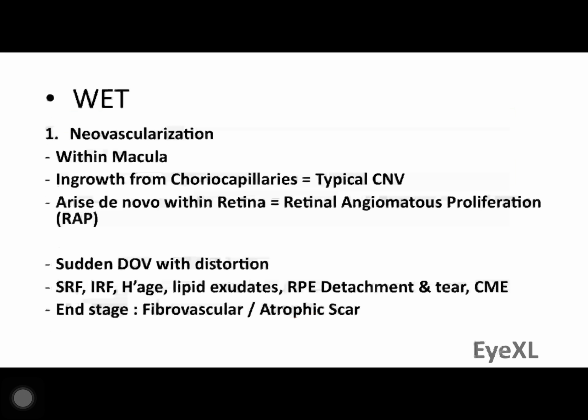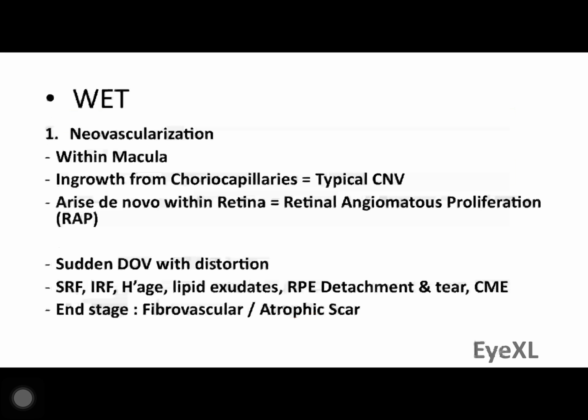There can be subretinal fluid and intraretinal fluid. Hemorrhage can occur either in the subretinal or the intraretinal space. Lipid exudates can deposit because, again, if the neovascular vessels are weak and very permeable, then all these lipids are going to leak out and form exudates. Retinal pigment epithelium detachment can occur, retinal pigment epithelium tear can occur, and finally a cystoid macular edema can be seen.